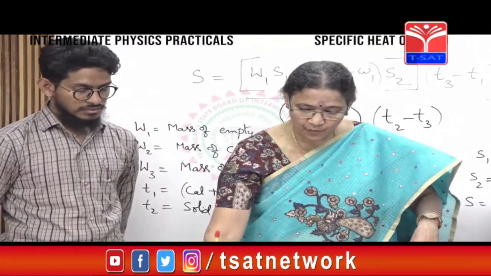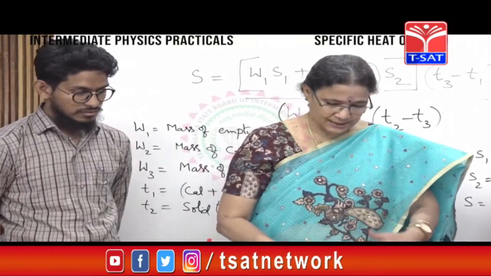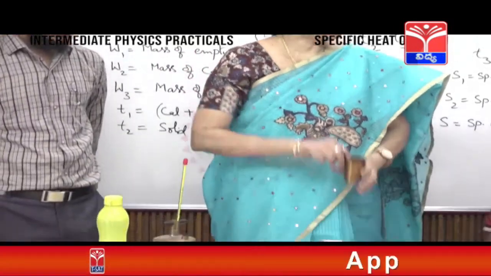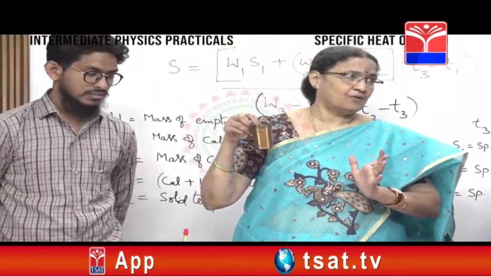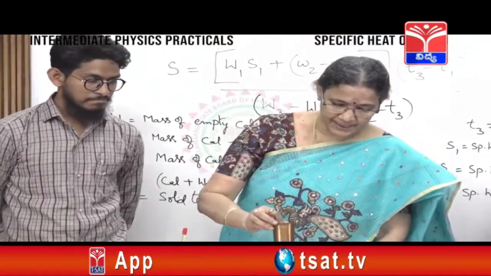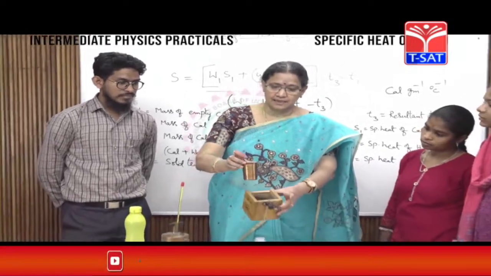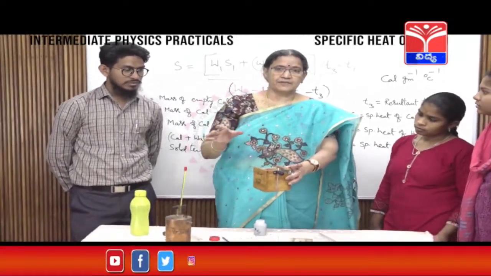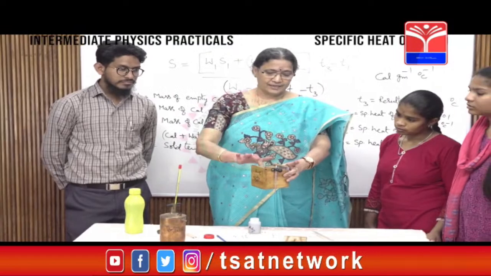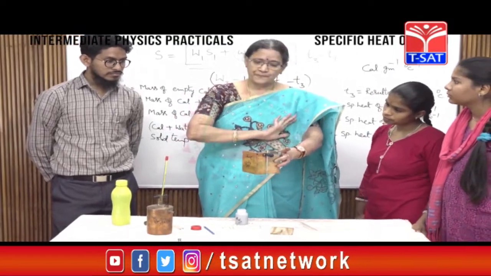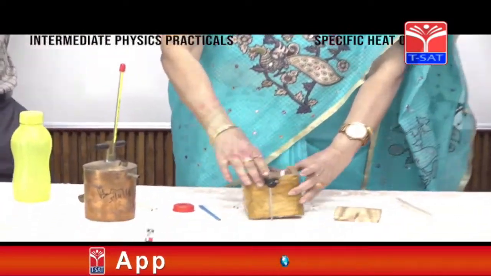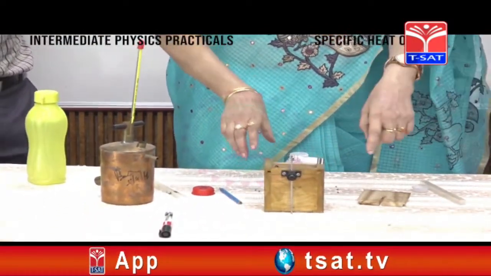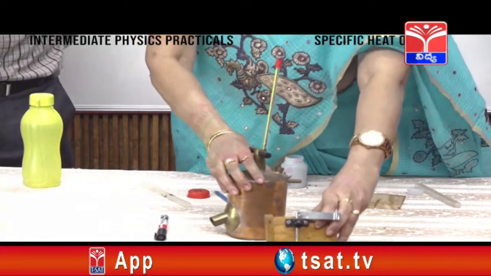Now I want to transfer the lead shots into the calorimeter. What is there in the calorimeter? Water is there. So I have to keep this calorimeter in the wooden box stuffed with a bad conductor, so that the heat absolutely will not go to the surroundings. So now I have to transfer. Just hold it here.